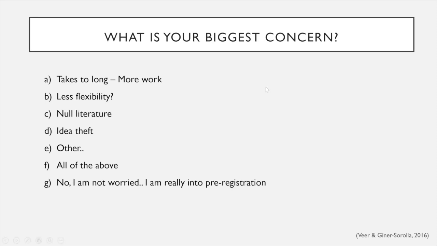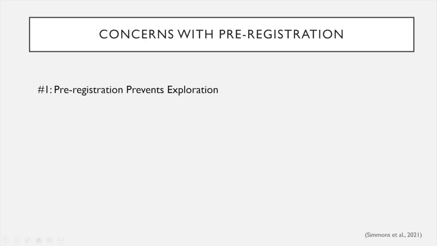So I'll share with you some thoughts and concerns that arise in the literature. The first one is that pre-registration prevents exploration. But as we were talking a little earlier, in the first questions, it doesn't prevent exploration, because researchers are of course welcome to continue to know their data and to explore their data.